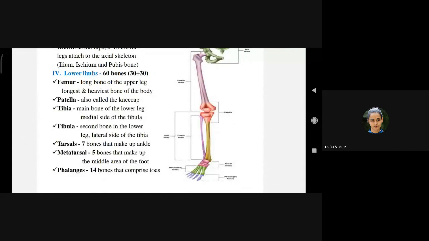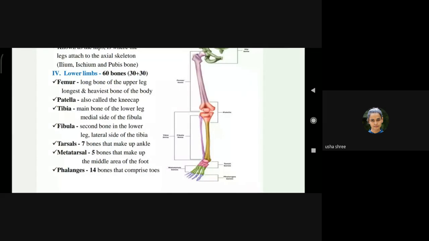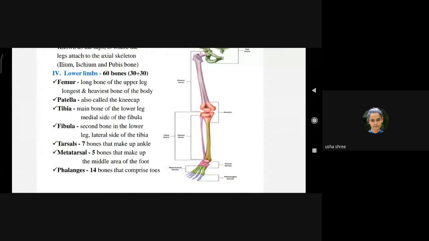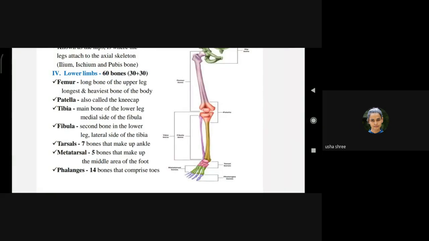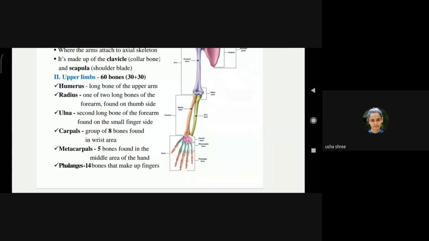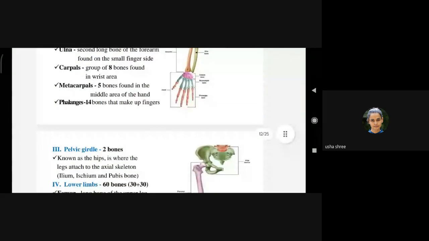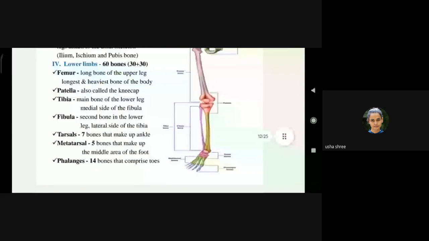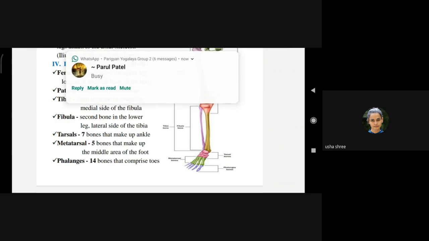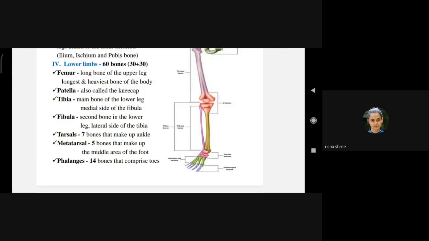So just like the hand, our legs also consist of 30 bones. Not exactly similar, because here the patella is there, and in the hand there is no patella. The carpals are 8 in hand, and similarly tarsals are 7 in the leg, and the missing one is shifted to our knee, that is the patella.